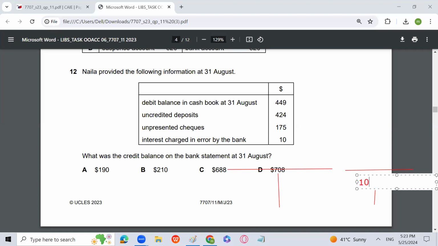In order to cancel this interest charge, which is in error, the bank needs to give a credit of 10, which is not yet done. So it is not yet credited. So it has become like uncredited deposits, an uncredited amount which is not yet credited in the bank statement. So whatever effect you have done with the uncredited deposits, you will do the same. So it will be subtracted.